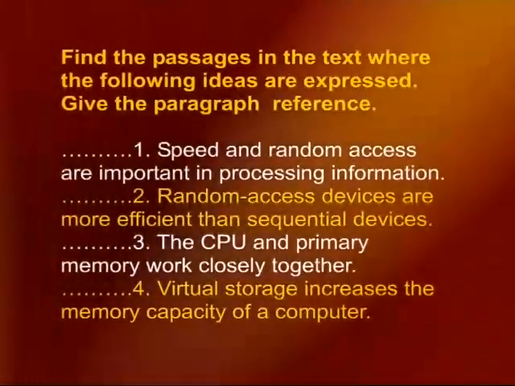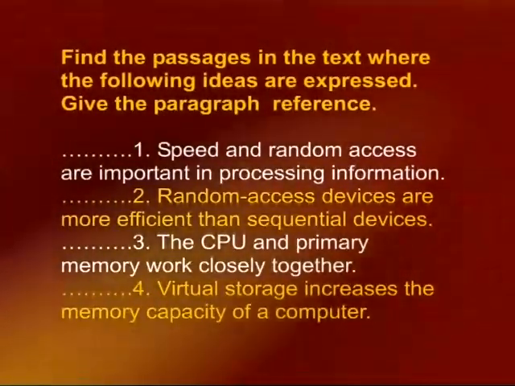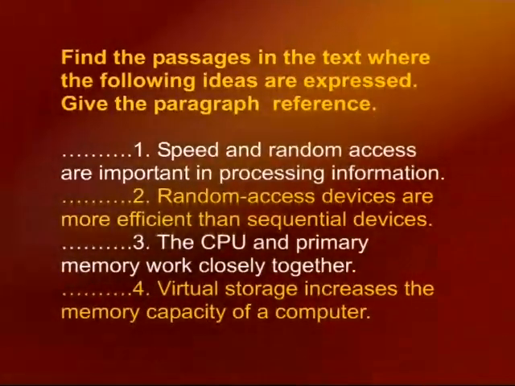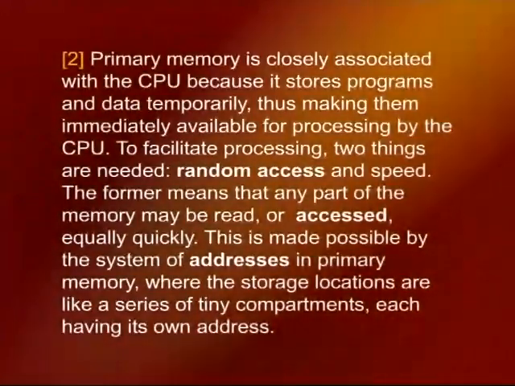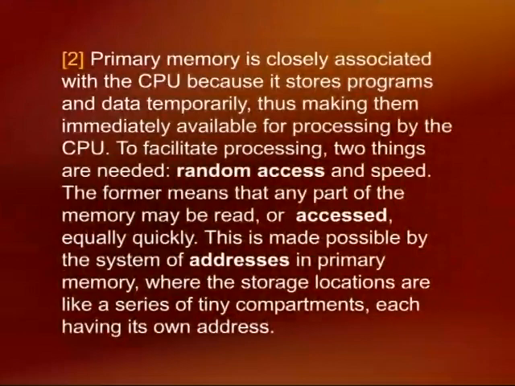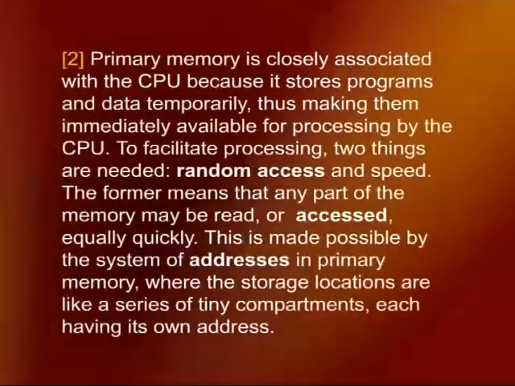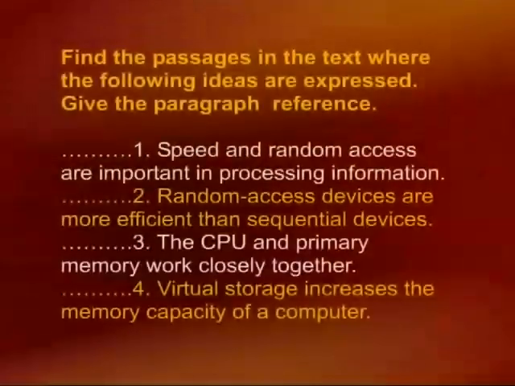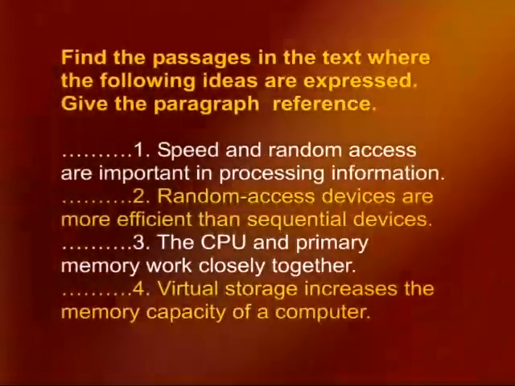Now, in which paragraph is it stated that speed and random access are important in processing information? If you scan, it's very early in the text, it's paragraph 2. Number 2, random access devices are more efficient than sequential devices.